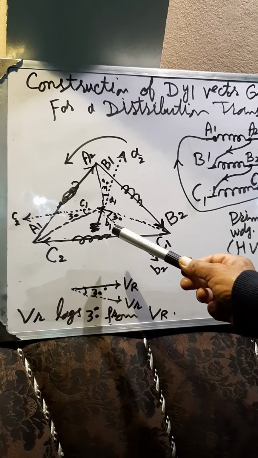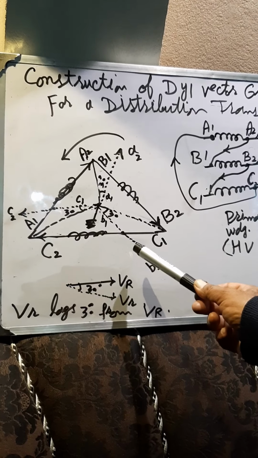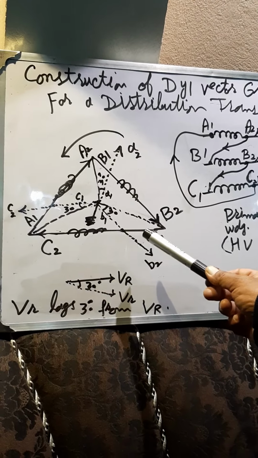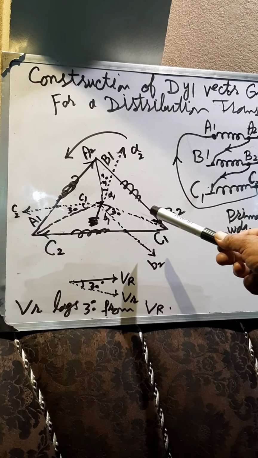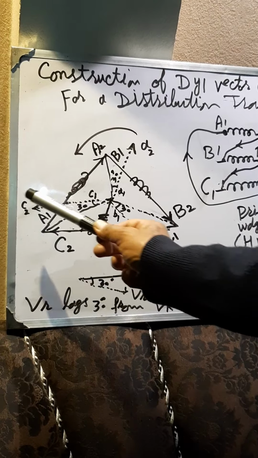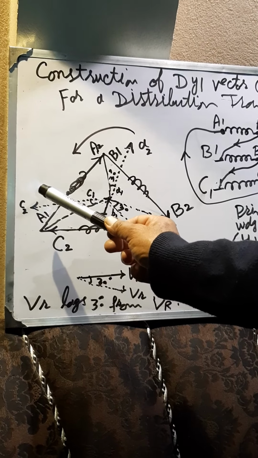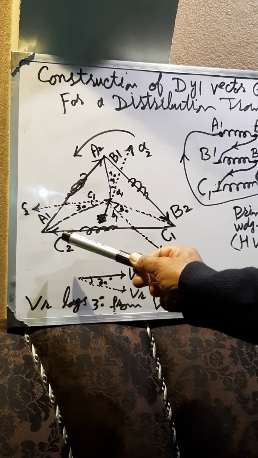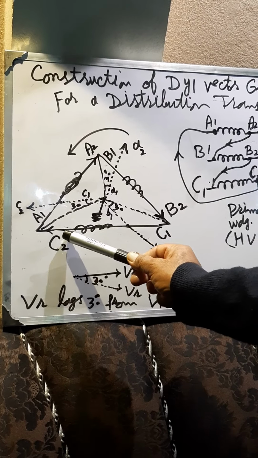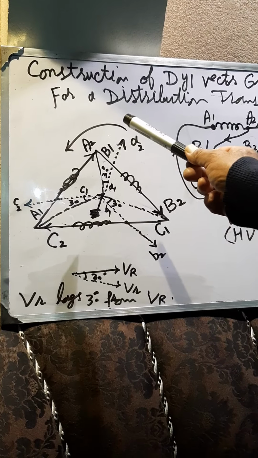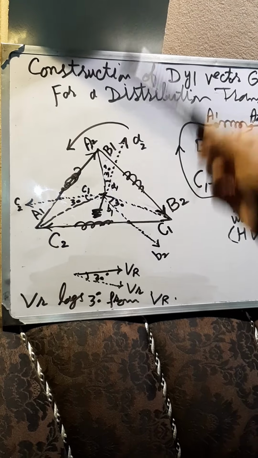Similarly, yellow, that is b1 b2. The yellow winding vector also lags its primary winding by 30 degrees. Similarly, blue, small c1, small c2. The blue phase on the secondary side lags its primary blue vector by 30 degrees, and all notations are shown in the anti-clockwise sense.